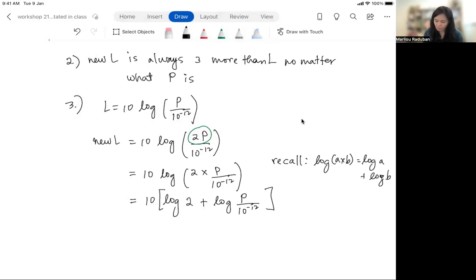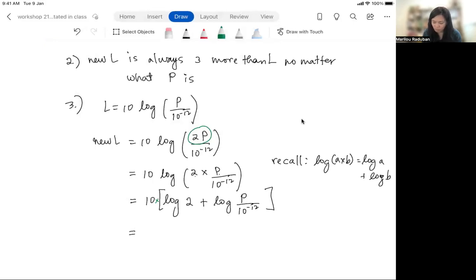All right. So if I rewrite 2P divided by 10 exponent negative 12 as 2 times P divided by 10 exponent negative 12, I can use this rule to write that as log 2 plus log P divided by 10 exponent negative 12. And then you have here 10 being multiplied by the whole term in the bracket.